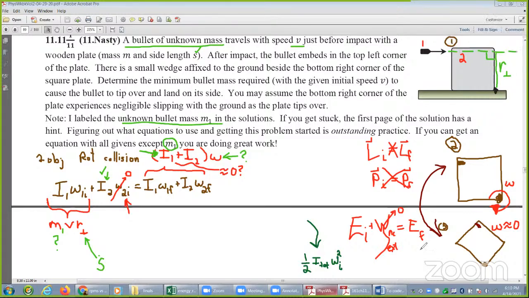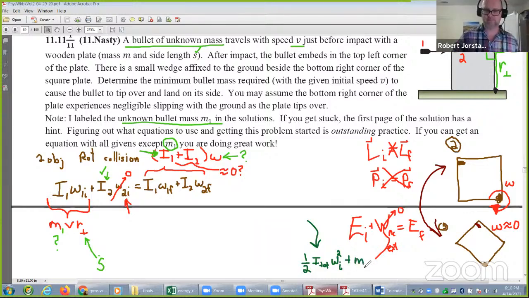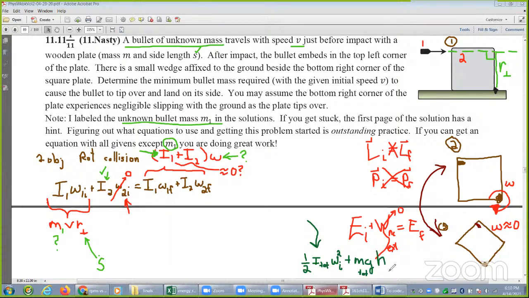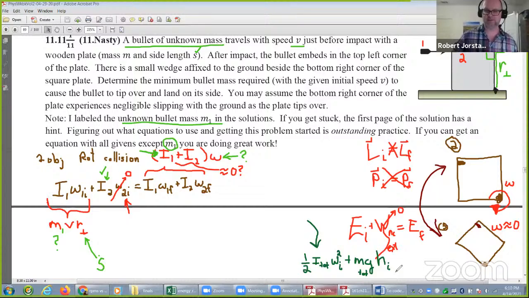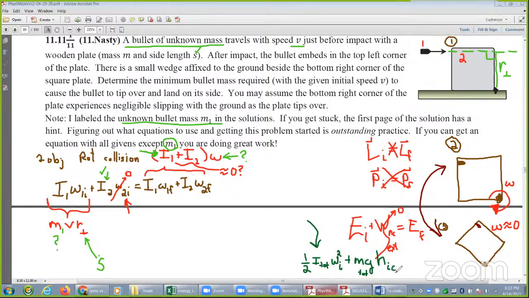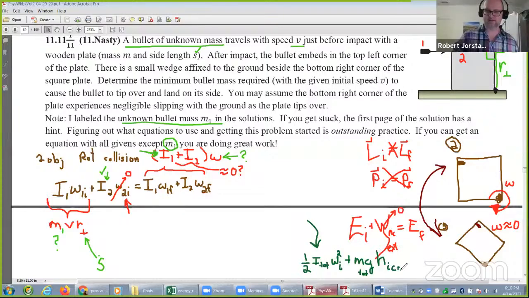Gravitational. Where do we need to worry about the gravitational energy? What subscript do I usually put on this term other than just initial? The bullet? Center of mass.